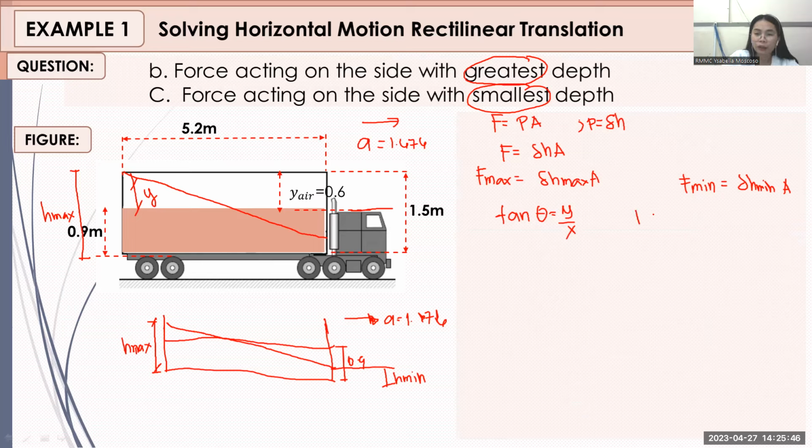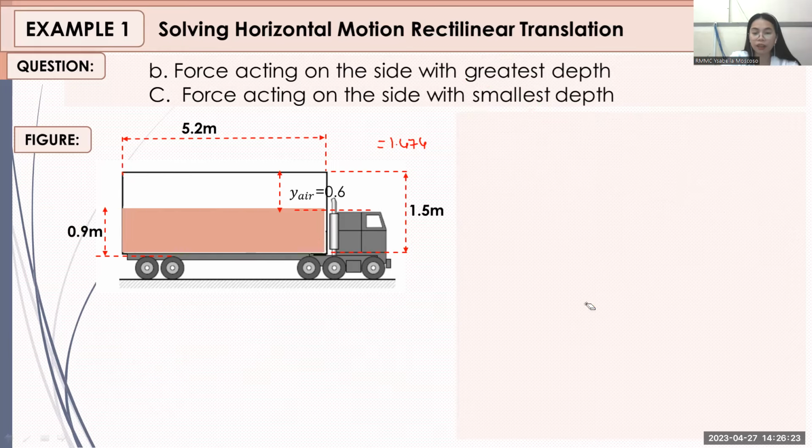But we also know that tangent of theta is equals to acceleration divided by the gravity. Since the same tangent theta, pwede natin i-equate yung dalawang equation, no? And that is y over x is equals to a over g. So in this case, pwede natin makuha yung value ng y ng pagtaas ng tubig natin dito on the other side of the vessel.